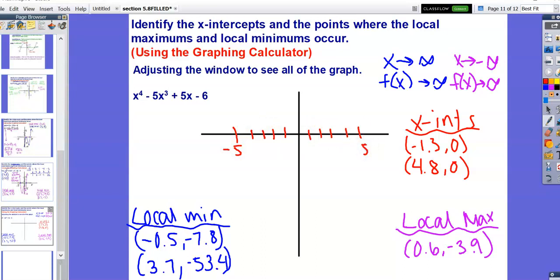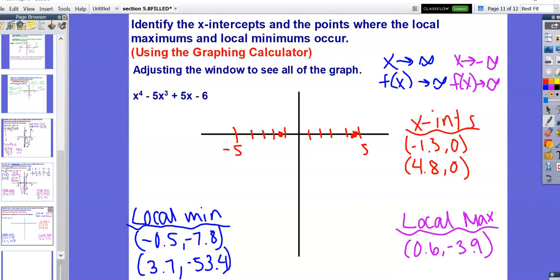I'll plot the x-intercepts first. And then we can plot our local maximum and minimum.